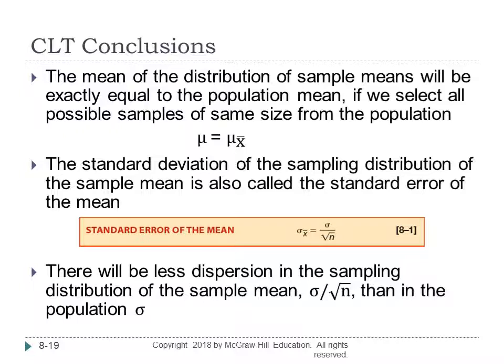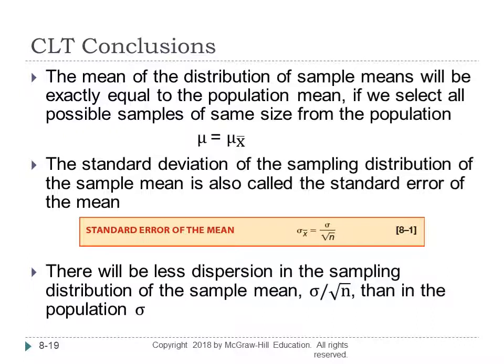So now we will have a formula to actually calculate it. To start with, we already stated the mean of the distribution for the sample means will be exactly equal to the population mean. If we select all possible samples of the same size from the population, that will give you the distribution for the sample mean.